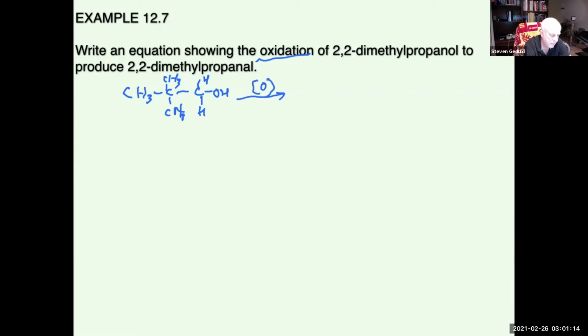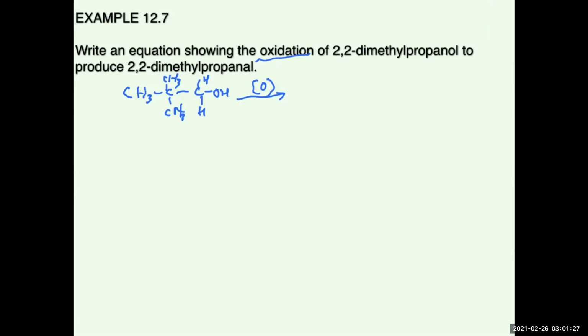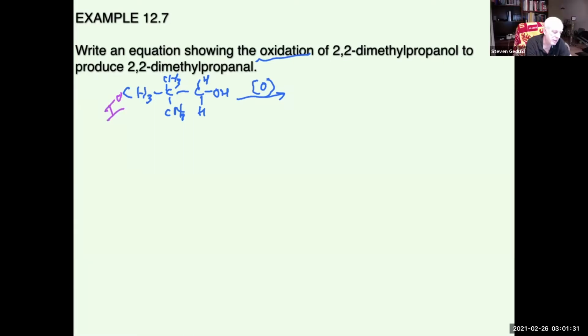Okay. So is this a primary, secondary, or tertiary alcohol? What type is it? Primary. Got it. This is a primary alcohol because here's the carbon with the OH group attached. How many carbons are attached to that carbon? 1. That's primary.